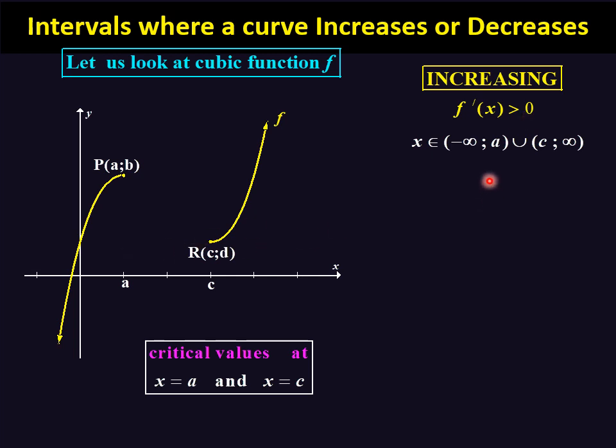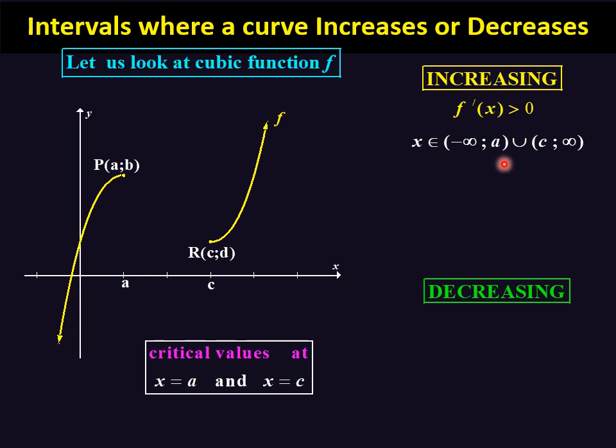So there it's from negative infinity to A, and then this one is from C to infinity. It's advisable to write it rather in interval notation. It's much simpler to write the intervals where it increases and decreases, preferably in interval notation.